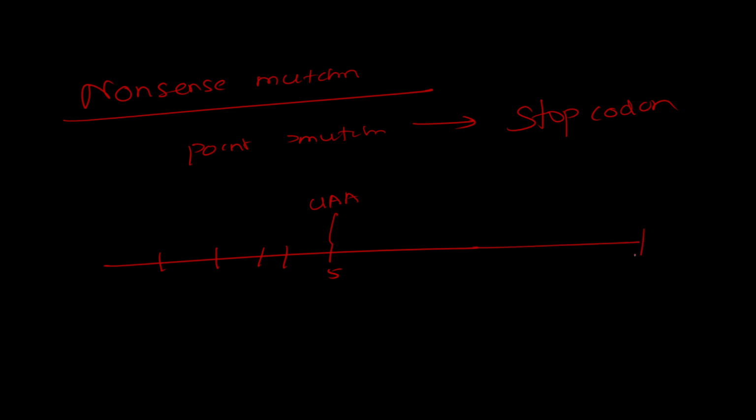The actual stop codon is somewhere here. Now, once the mRNA goes on, it will identify this as a stop codon and will stop producing the polypeptide chain. So the protein molecule will be incomplete. Hence, it probably will not be functional.